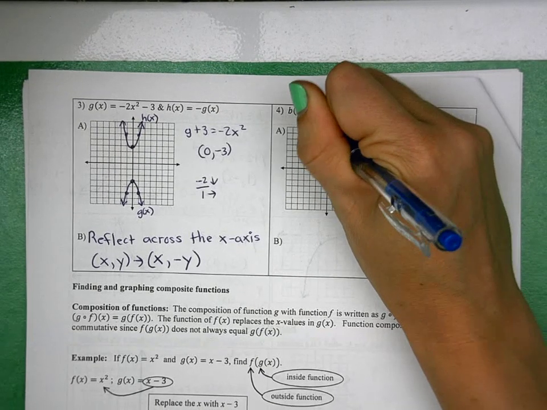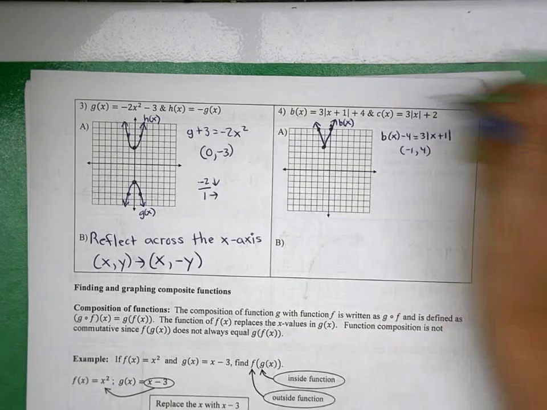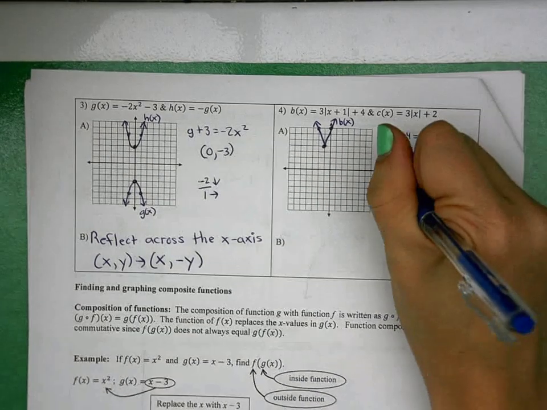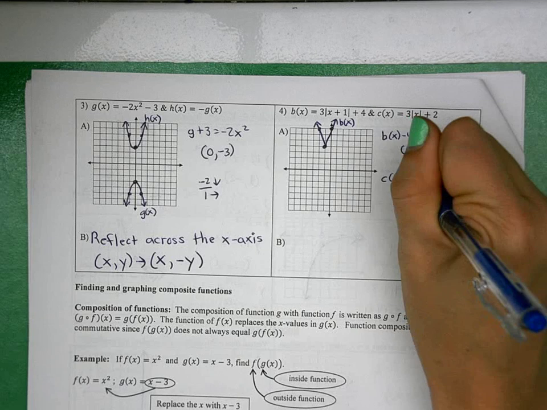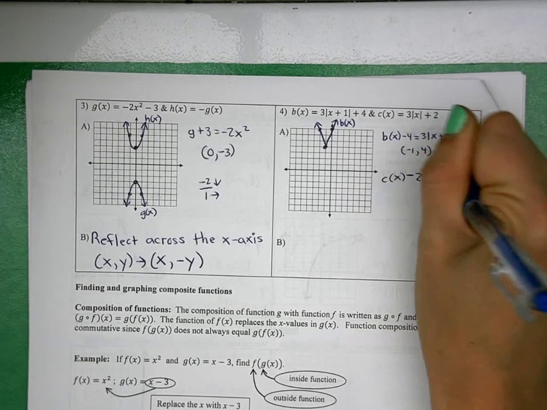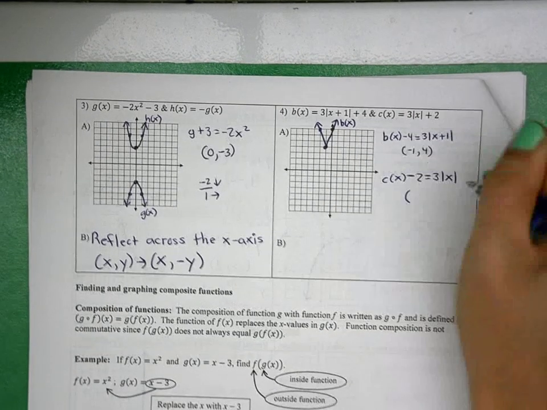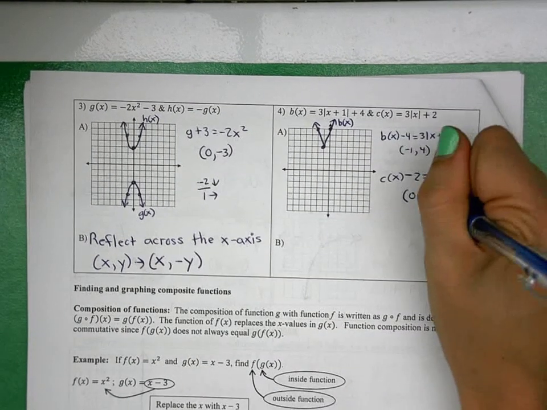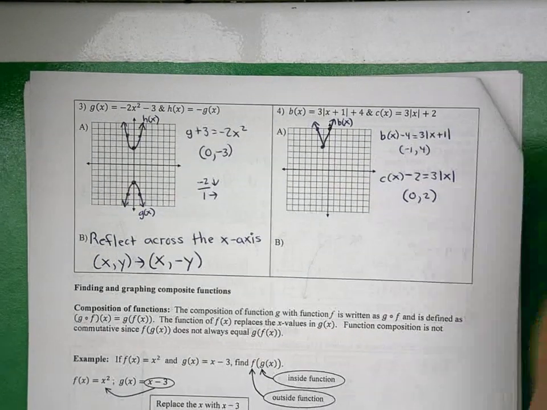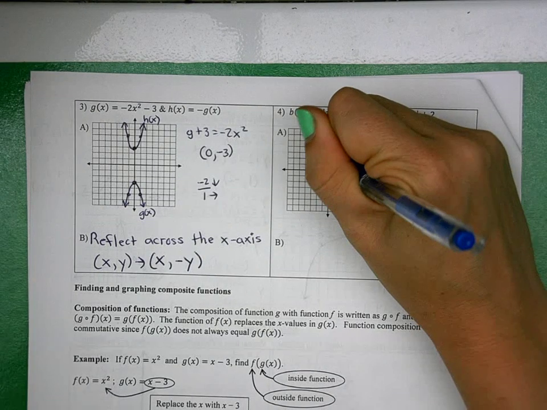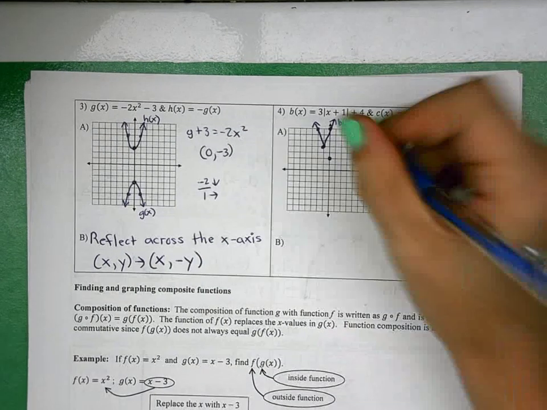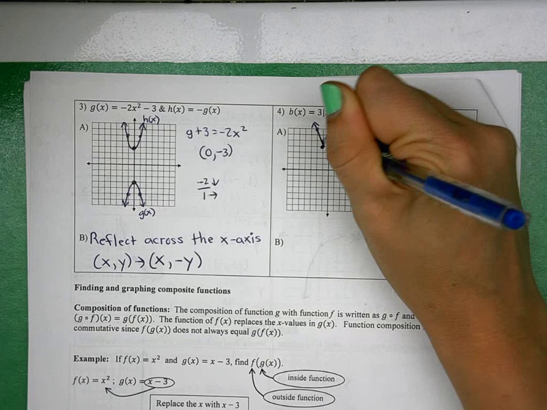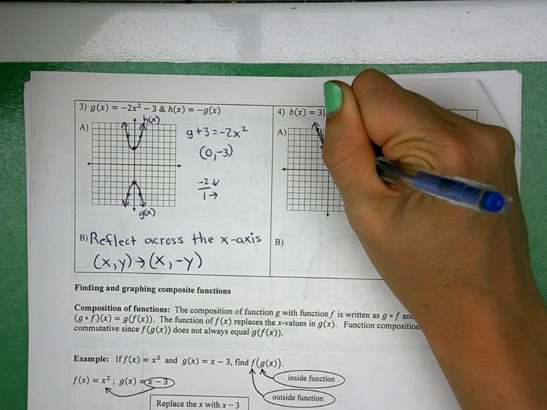b of x. Right? C of x, descriptive form, subtracting the 2 over to the other side. Minus 2 equals 3 times the absolute value of x. My vertex, x is going to be 0. Y is going to be positive 2. And then I have a slope of 3, so up 3 over 1, up 3 over 1, and here is my c of x.